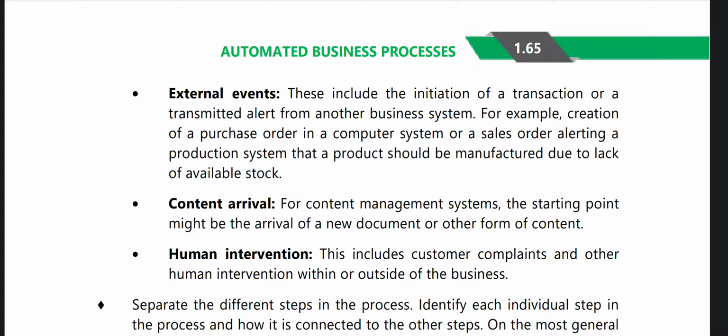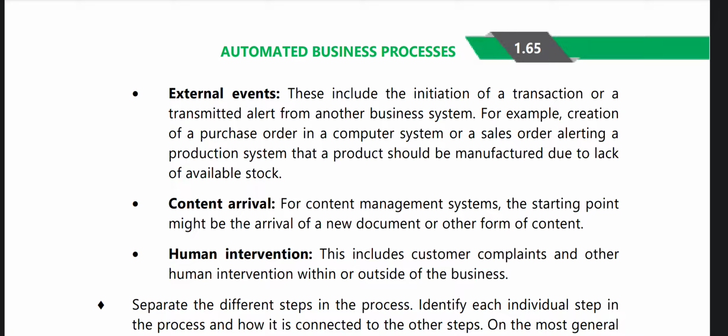External events include the initiation of transactions or a transmitted alert from another business system. For example, creation of a purchase order in a computer system, or a sales order alerting a production system that a product should be manufactured due to lack of available stock.